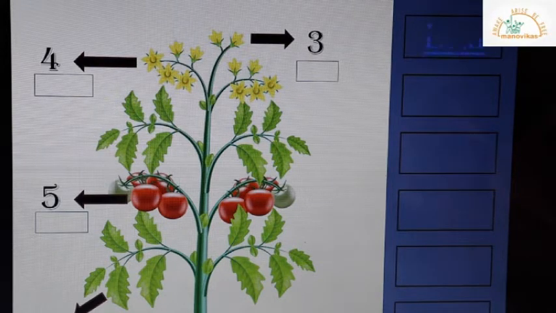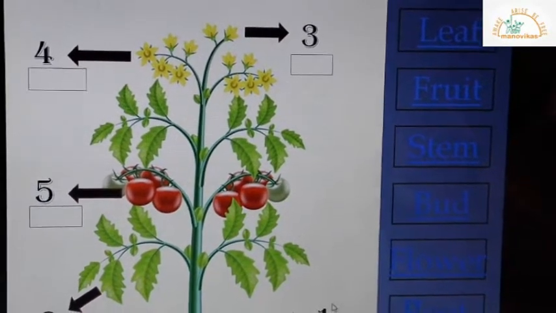Here I have given you the names of the different parts of the plant. Now you have to name each part of the plant with the correct name. Now let's name the first part, that is numbered as 1.